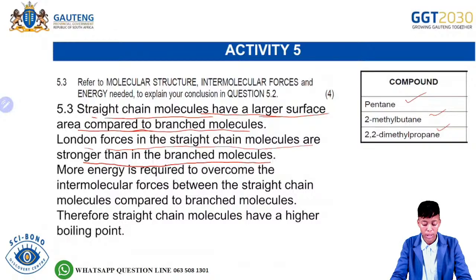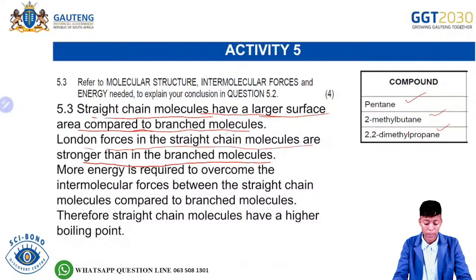So we spoke about this one. If you have a straight chain as compared to a branch, then in terms of the strength, the straight chain molecules will have stronger intermolecular forces as compared to the branched molecules.